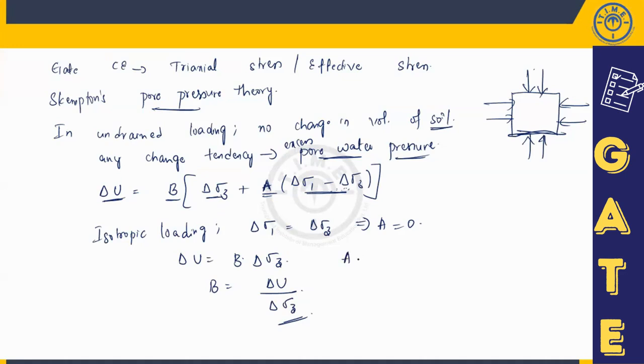And how to calculate A? A equals delta U by B into (delta sigma 1 minus delta sigma 3). A is negative for over consolidated clay.